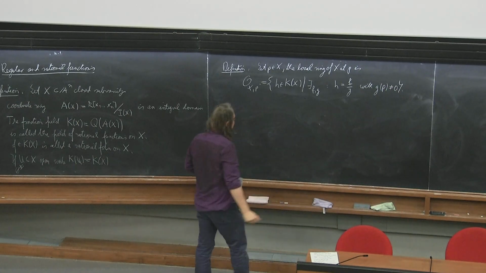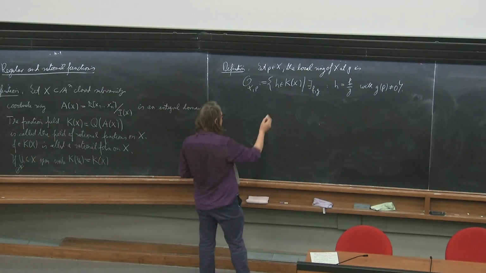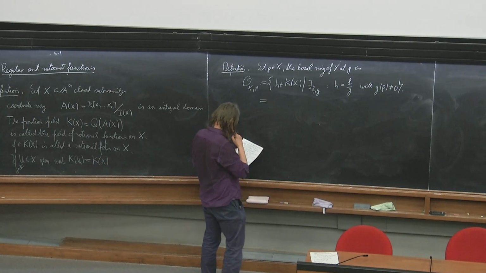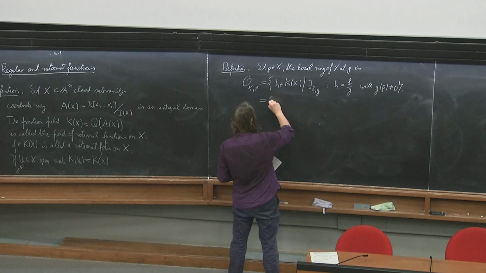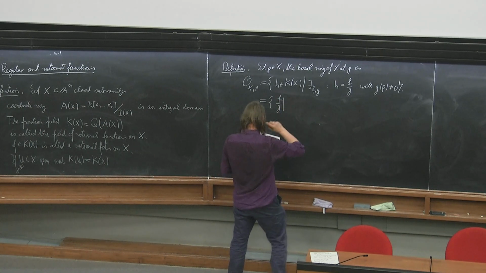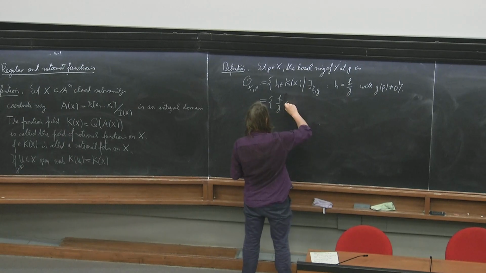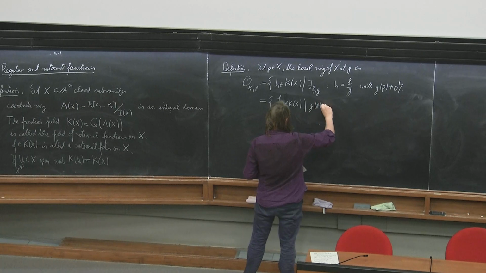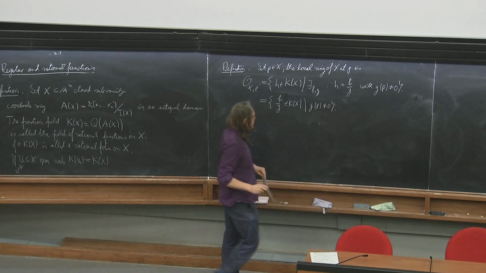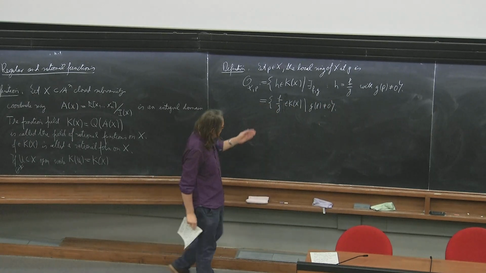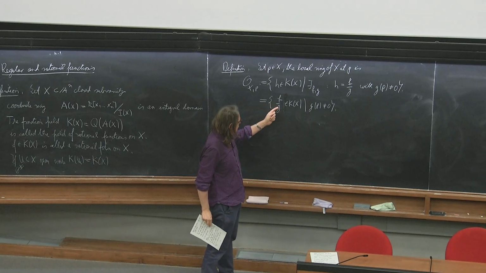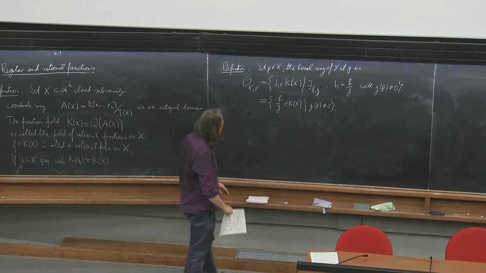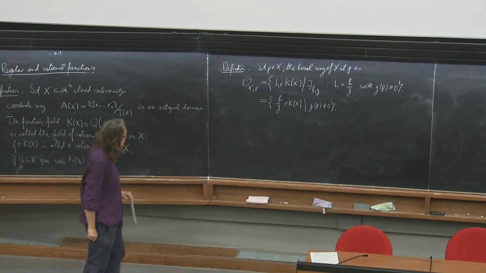So usually we will write this in a simpler form. We just write this is the set of all f divided by g in K(X) such that g(P) is non-zero. But obviously, this just means you can choose a representation like this such that the denominator is not zero. Not that it's true for all representations.